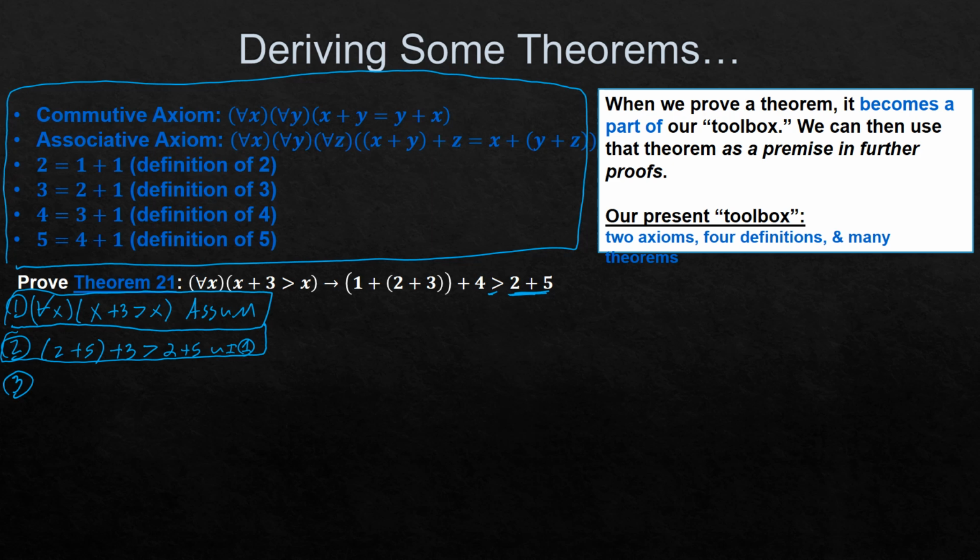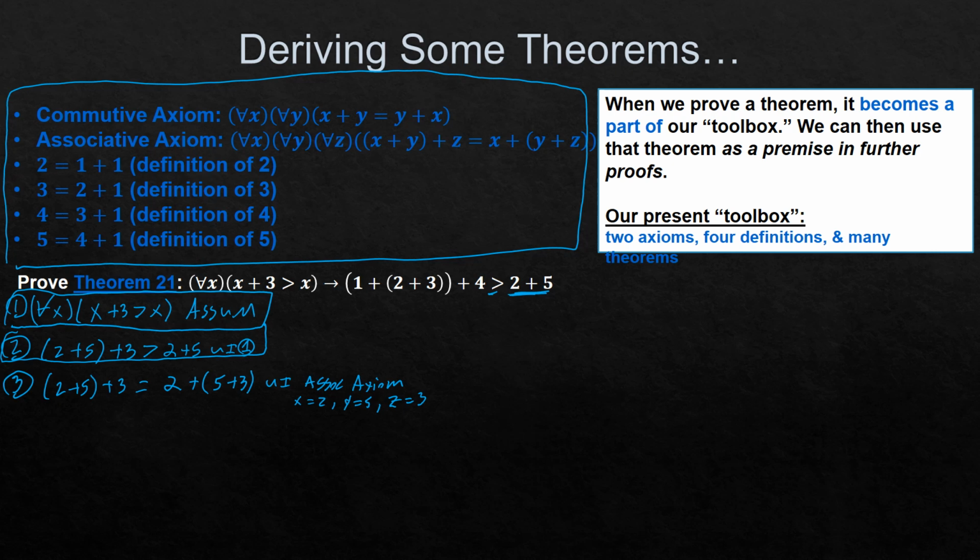So for line 3, we'll just say parentheses 2 plus 5, close parentheses, plus 3 is equal to 2 plus parentheses 5 plus 3, close parentheses. So this is a universal instantiation of our associative axiom, where x is equal to 2, y is equal to 5, and z is equal to 3.